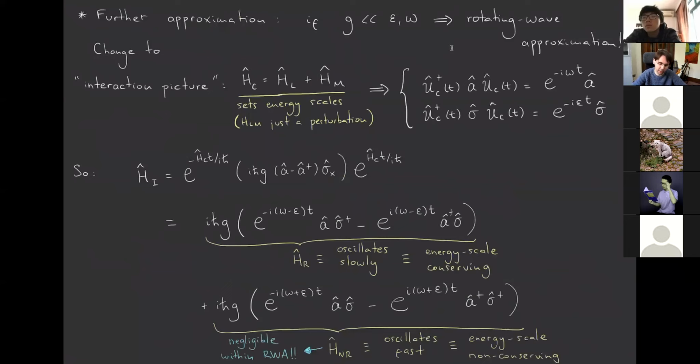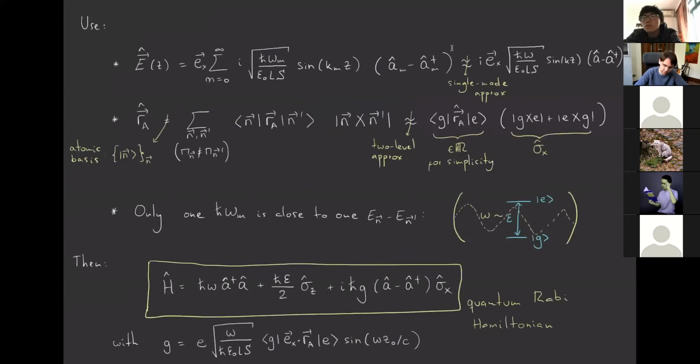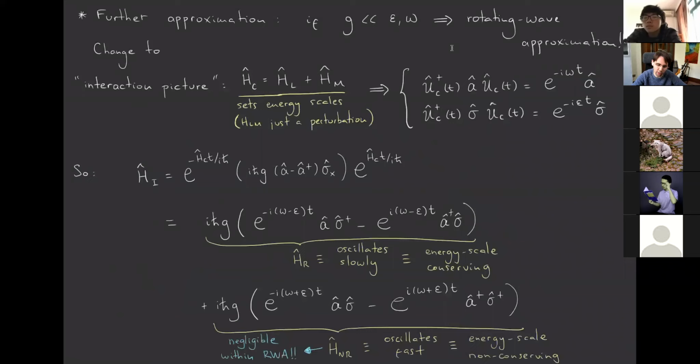Then if we apply this to our light-matter interaction with a single atom, and we take as the basic Hamiltonian just the light and matter Hamiltonians, only this part, then we know how all the operators of the system transform through this unitary.